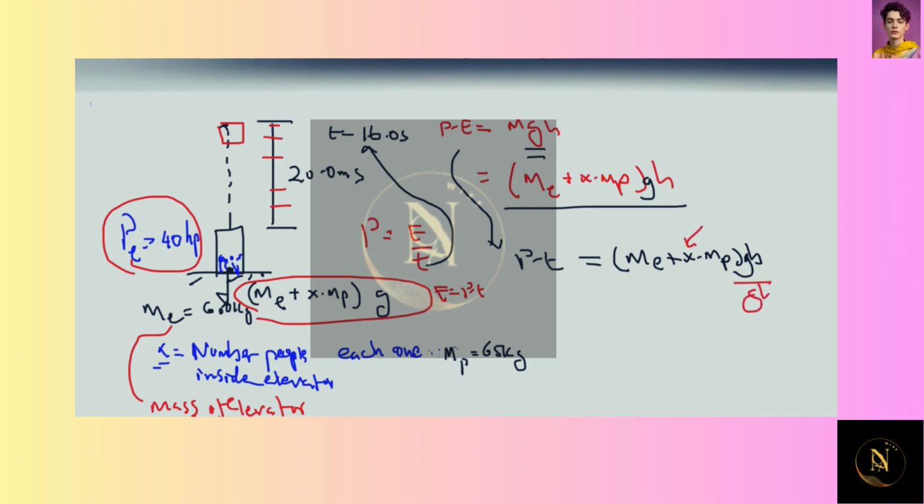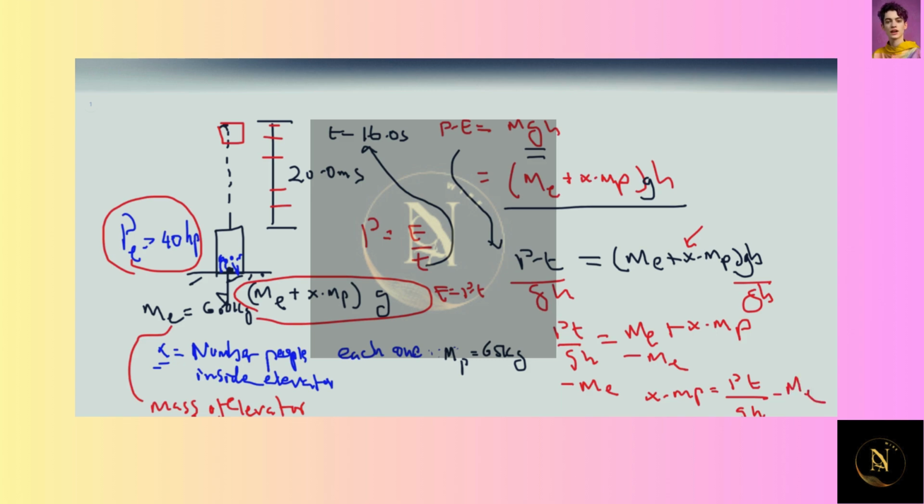And so I want to solve for x. Divide both sides by gh. Then I have PT over gh equals me plus x mp. Subtract the mass of the elevator on both sides, and then we end up with x mp being equal to PT over gh minus the mass of the elevator.